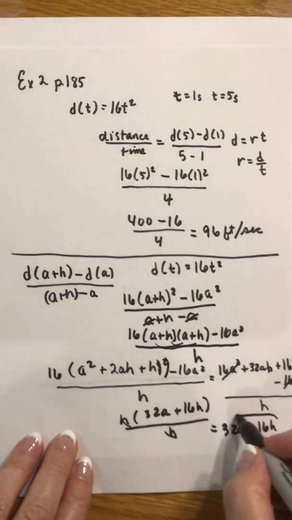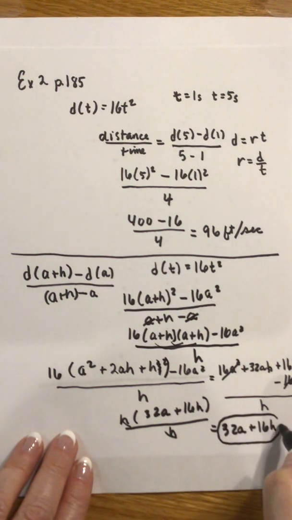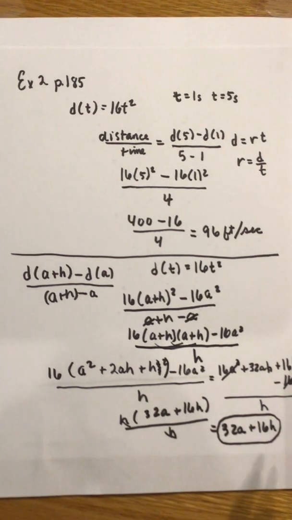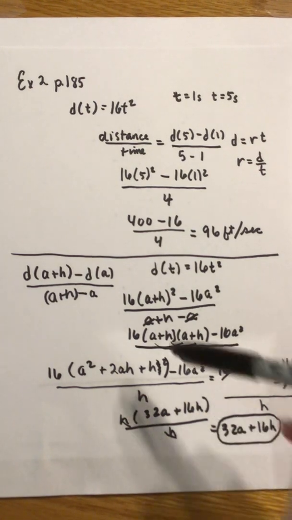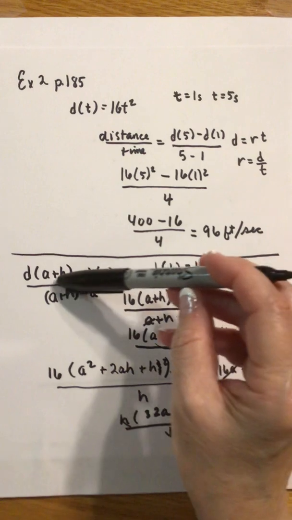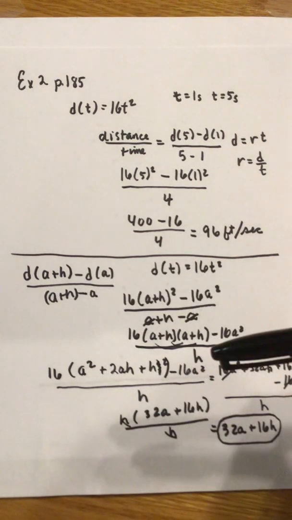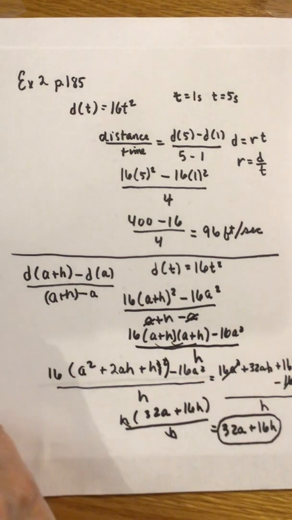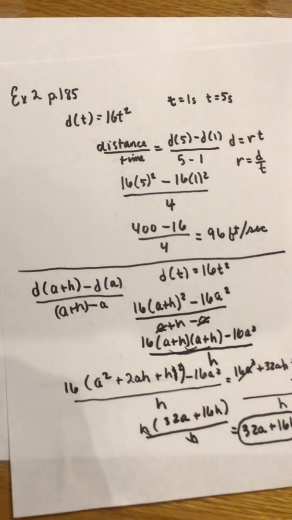And what is this called again? This is called the average rate of change. Now, another thing that you can see about these problems is the numerator is a subtraction and you also have a division. So we have something called a difference quotient that we're going to look at here in a minute.